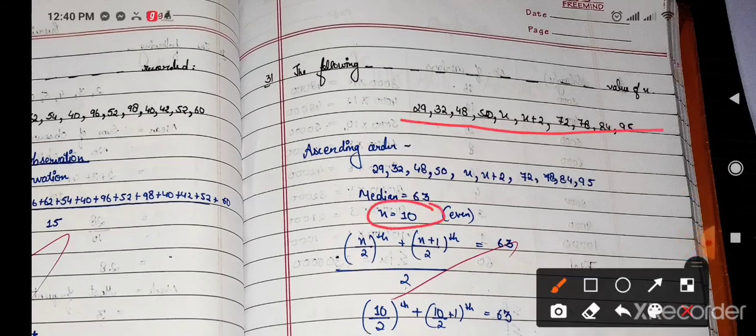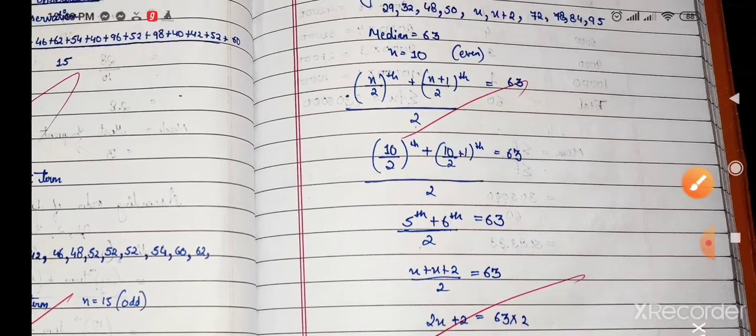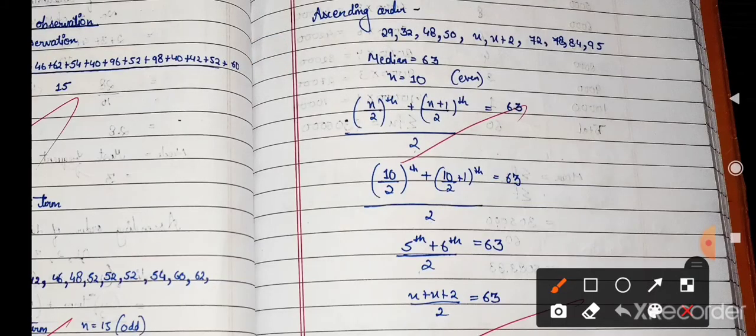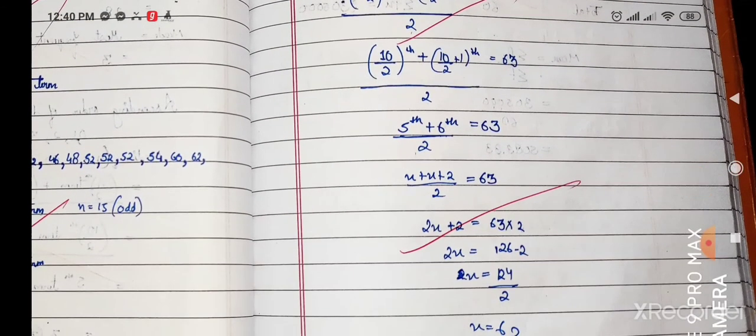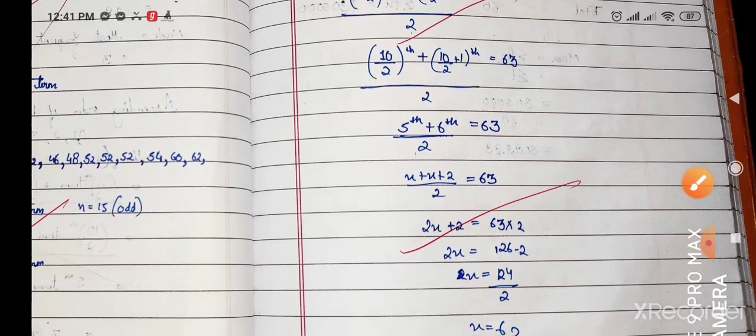The formula is the n upon 2th term plus the n upon 2 plus 1th term, divided by 2. So it's the 10 upon 2th term and the 10 upon 2 plus 1th term, so the 5th term and the 6th term. The 5th term is x and the 6th term is x plus 2. We will add these two and divide by 2, and it will be 63. We will solve this and find the value of x, which comes out to be 62.